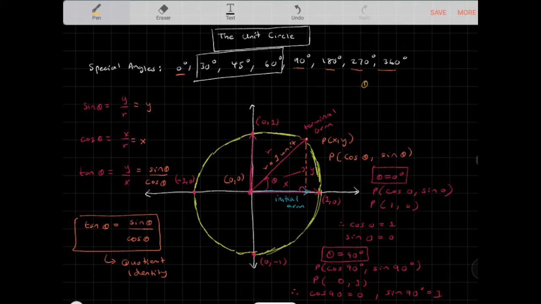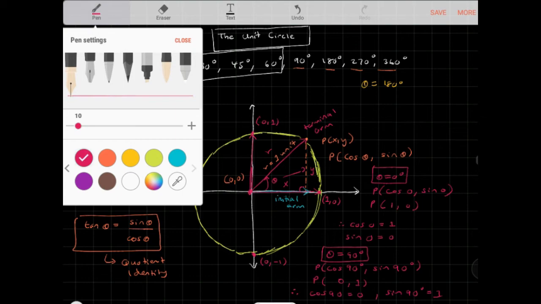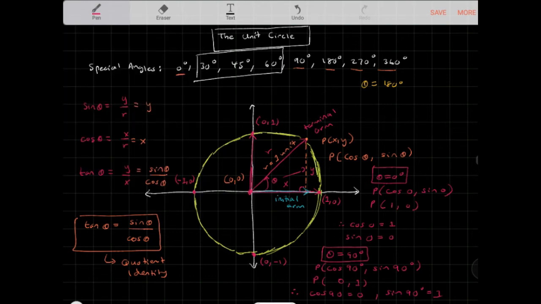Let's say that theta is equal to 180 degrees. So if theta is equal to 180 degrees, our terminal arm this time would be rotated all the way here, a counterclockwise rotation. It would end up there, right? And in this case, the point would be cosine 180, sine 180, and it would be equivalent to -1 and 0.